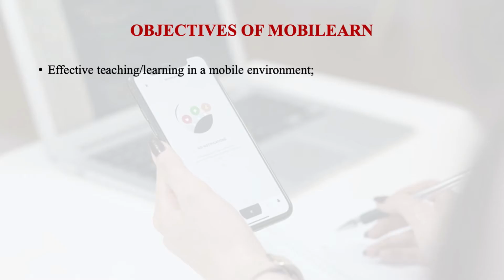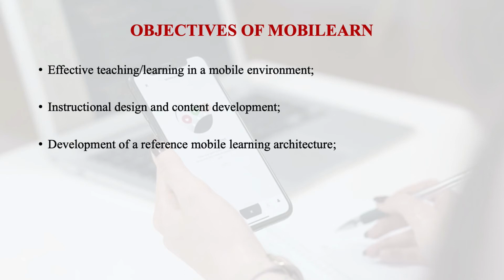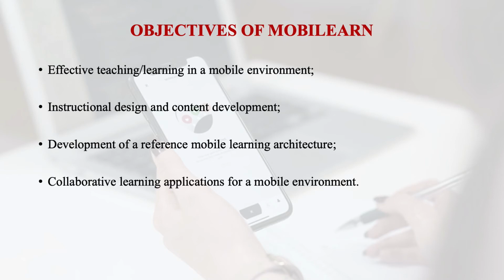The objectives of the MobiLearn project are effective teaching or learning in a mobile environment, instructional design and content development, development of a reference mobile learning architecture, and collaborative learning applications for a mobile environment. So these are some of the objectives of this project.